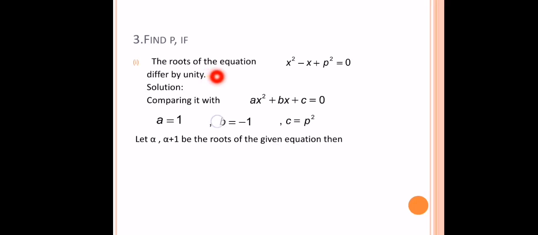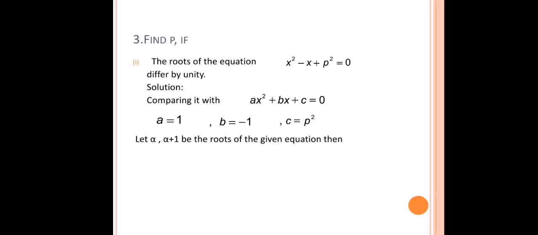The selection of roots should be such that one is greater and the other smaller, with a difference of 1 between the two. So we have taken alpha and alpha plus 1. It can also be taken as alpha minus 1 and alpha, but the roots should differ by 1, which you will have to keep in mind.